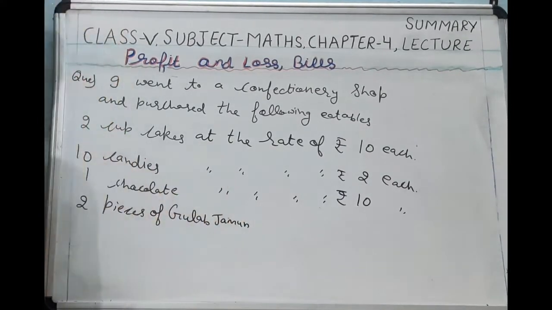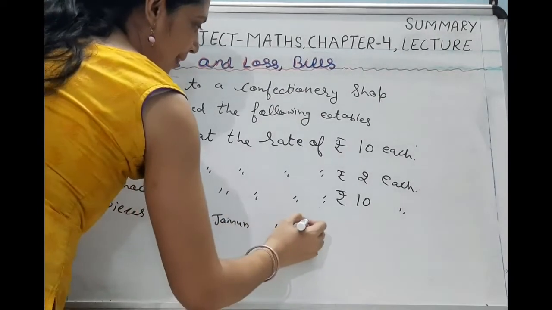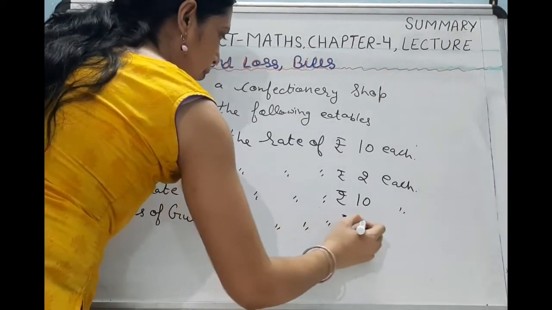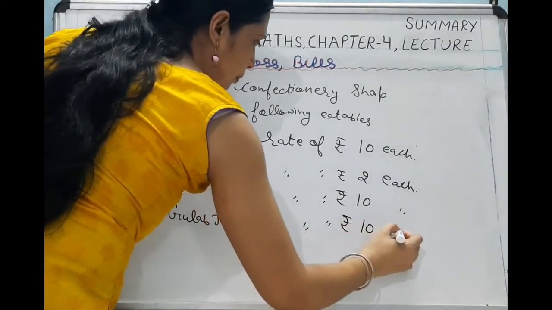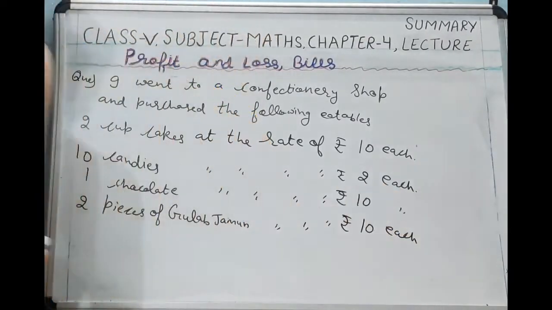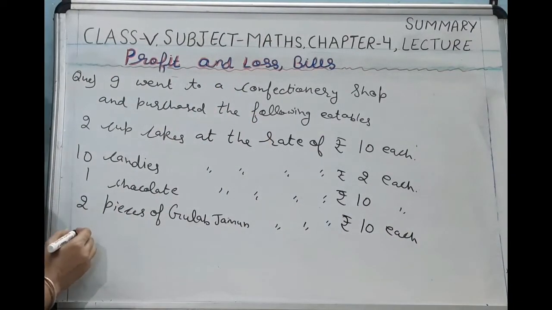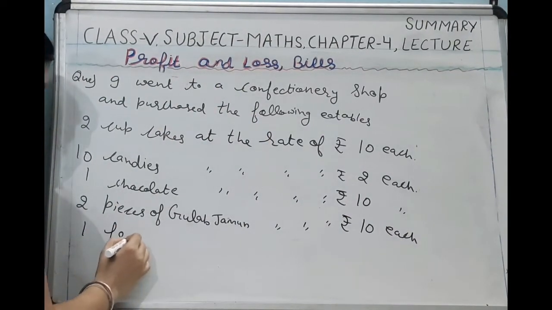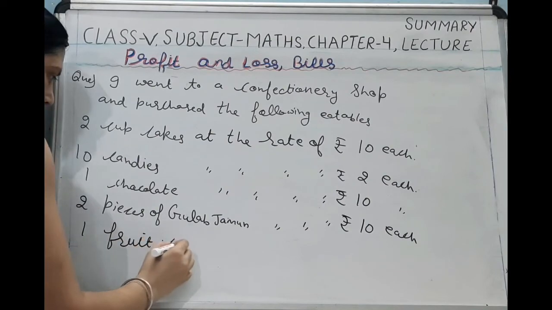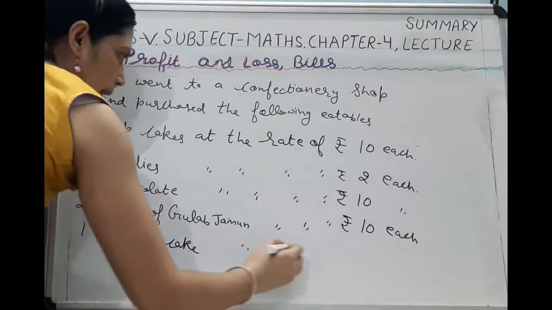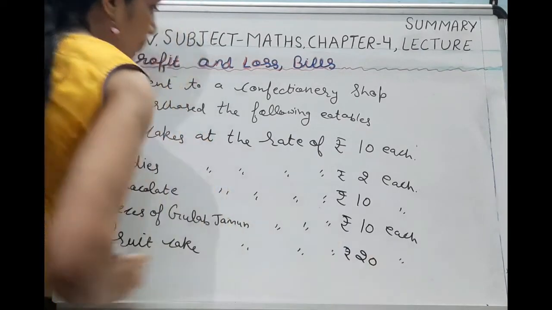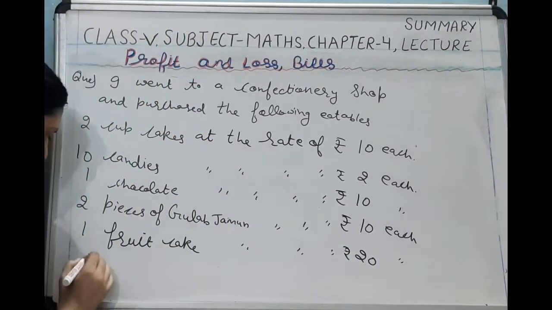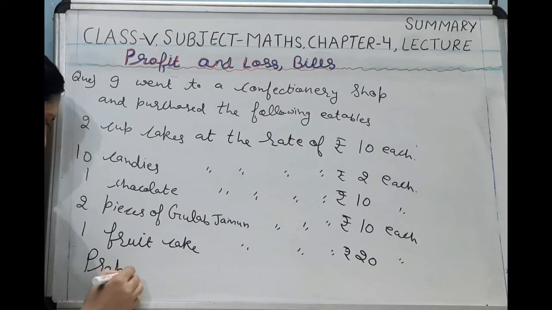Feeling hungry? At the rate of ₹10 each. And 1 fruit cake at the rate of ₹20 each. So what we have to do? We have to prepare the bill.